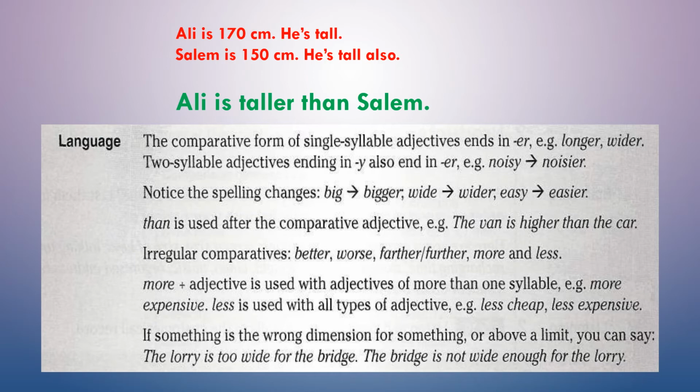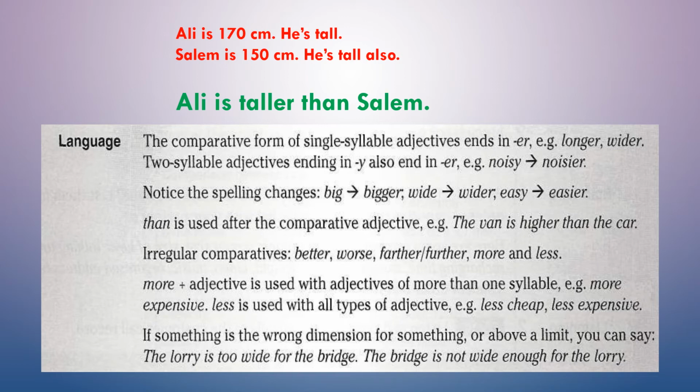This green sentence, Ali is taller than Salim, is what we call comparison or comparing between Ali and Salim. Now, what has happened to the word tall here? Tall becomes taller. We add ER and the word than. Taller than.